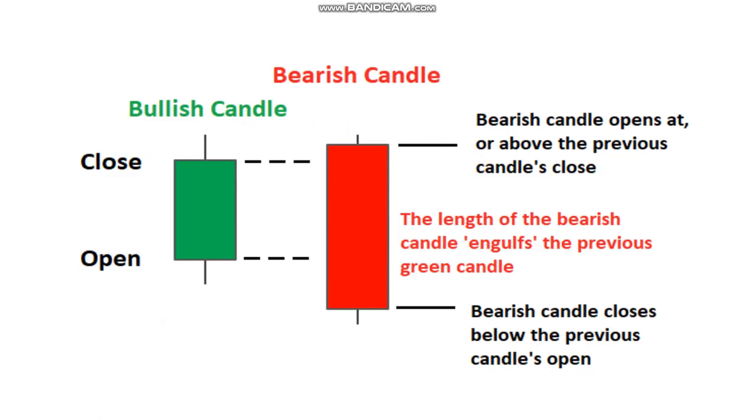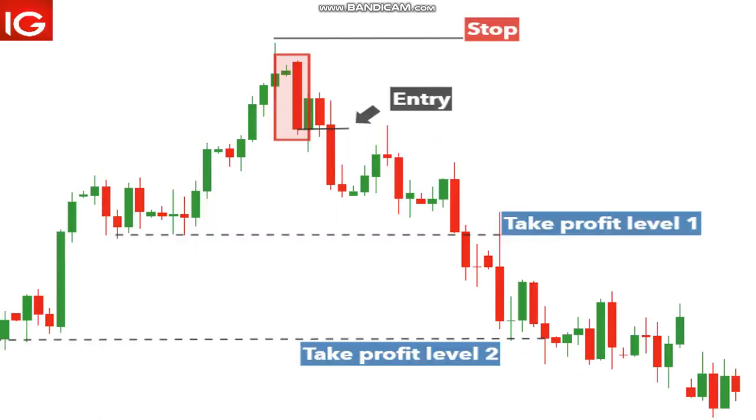Let's see how it looks on chart. See, market is going up. There's an uptrend, and after that you can see there's a small green candle, and this small green candle has been engulfed by this big red candle.